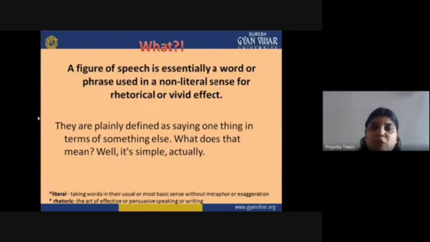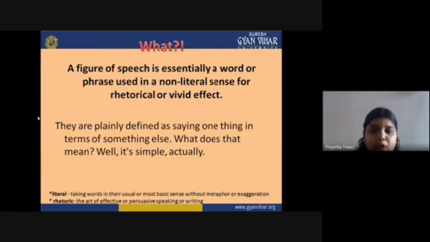A figure of speech is essentially a word or phrase used in a non-literal sense for a vivid effect in speech. They are plainly defined as saying one thing in terms of something else.